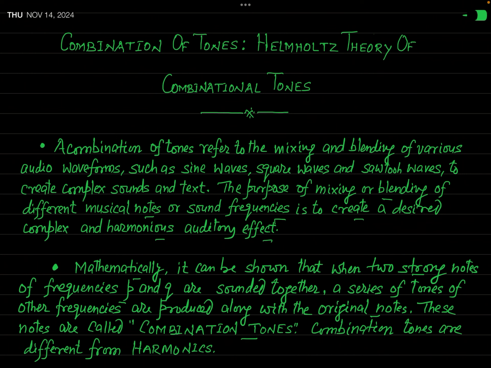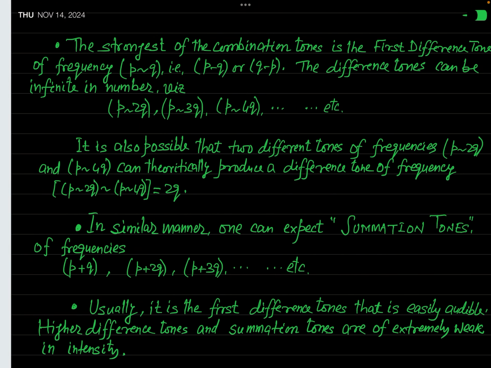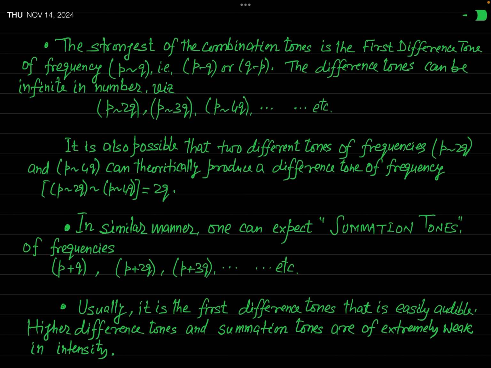Now if you consider that the two tones of frequencies P and Q get superposed or combined, then actually many frequencies are produced after the combination. The basic frequency, or you can say the strongest of the combination tones, is called the first difference tone.